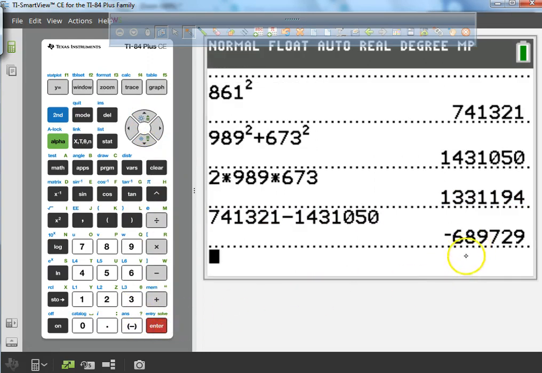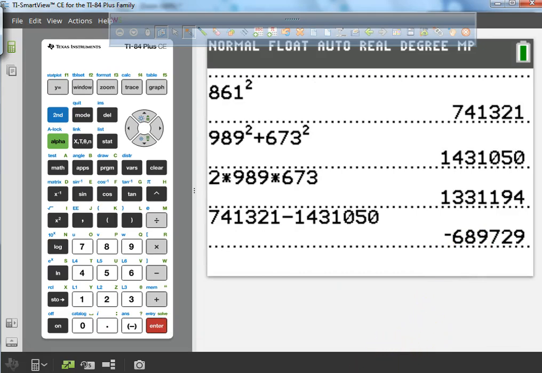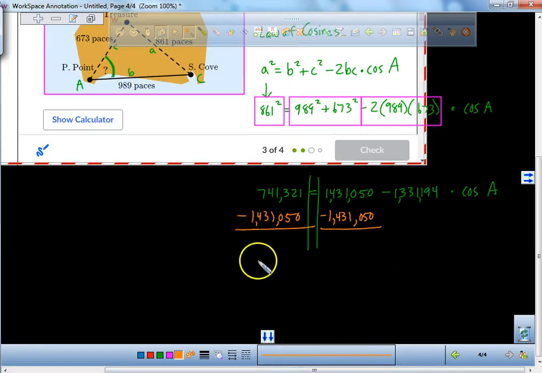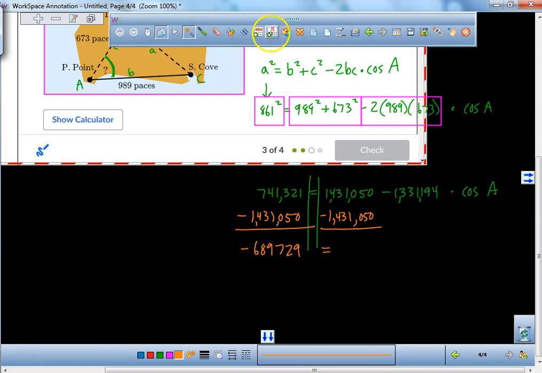And I get negative 689,729. And that equals this right here, because that zeroes out, but that, I'm going to bring it down, okay?